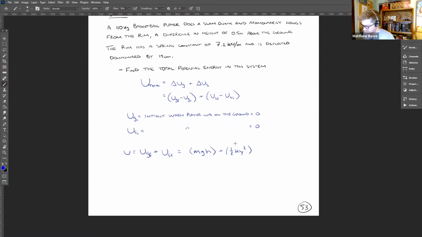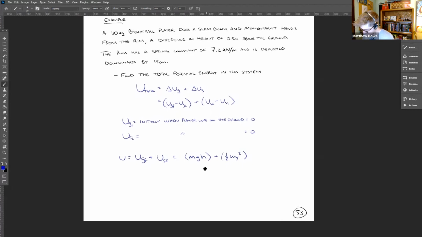From here, it's a matter of just doing this large calculation. We're given basically all of the components, and we're just adding up the two separate forms of potential energy that are in the system. There's potential energy just by being off of the ground, and then there's potential energy stored in the basketball rim.